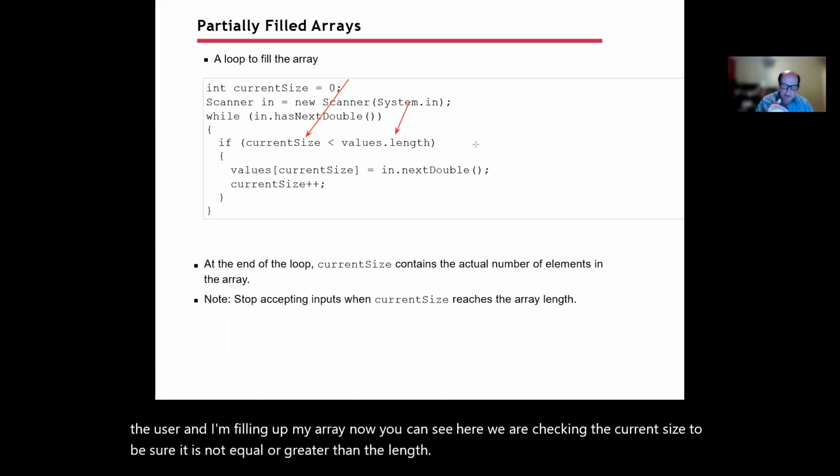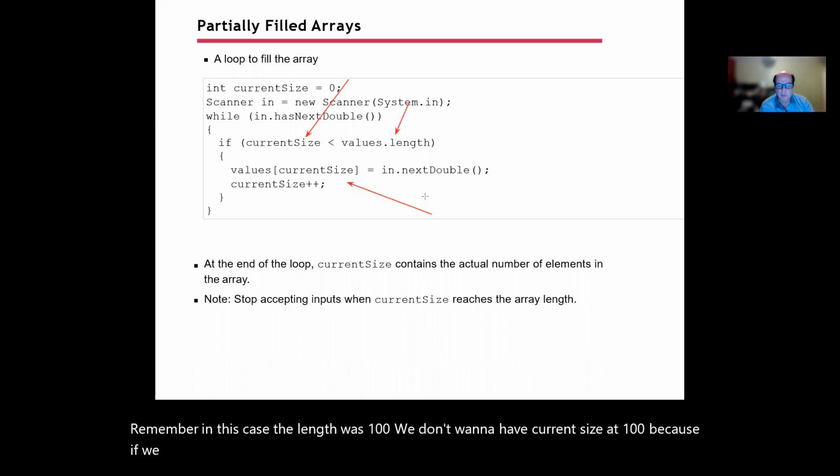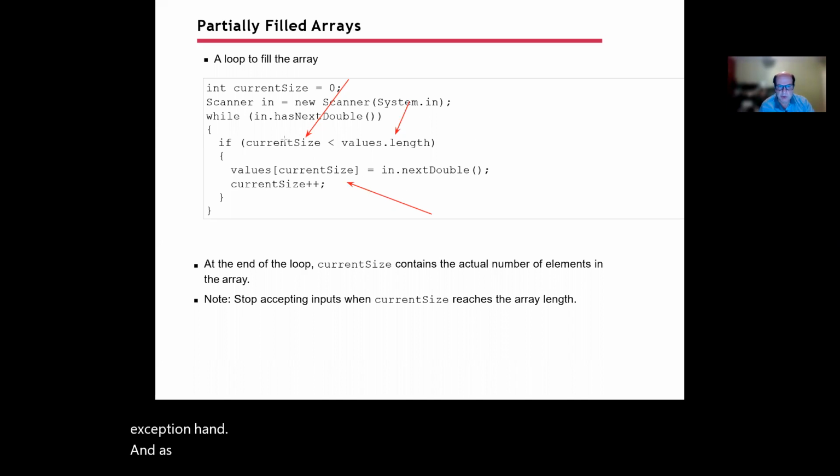Remember, in this case, the length was 100. We don't want to have current size at 100 or more, because we're going to be out of bounds, and it's going to throw an exception. As we're doing this, the starting point is 0, then 1, 2, 3, 4. So every time I'm adding 1 to my current size.